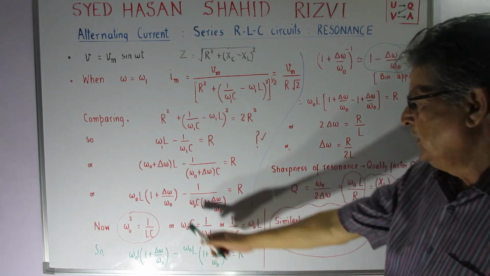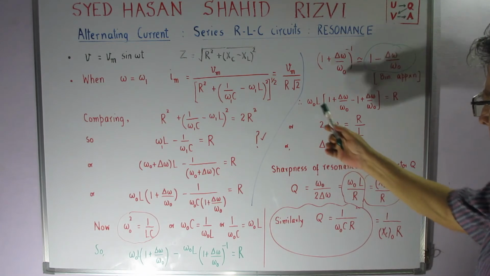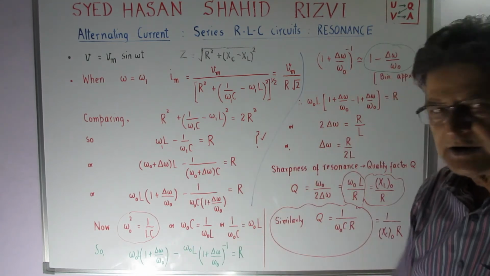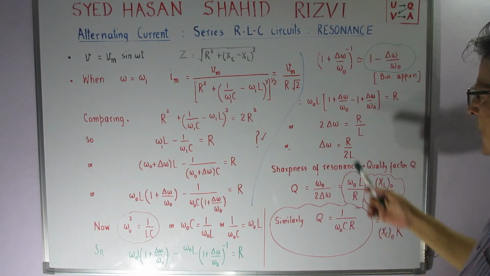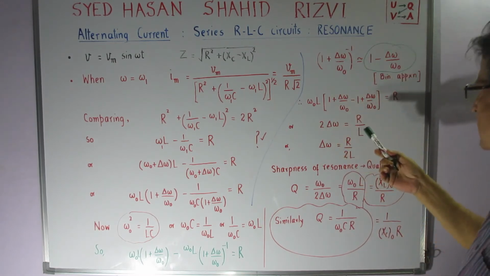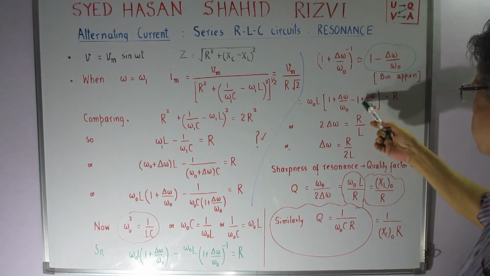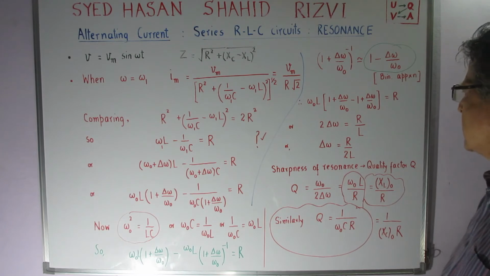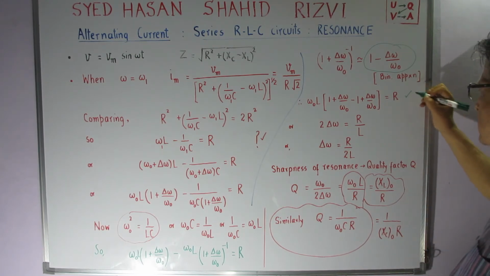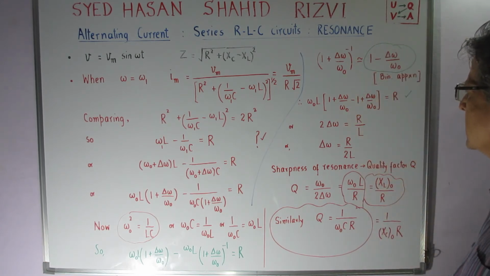Now when I put it back in this original equation, I get omega naught L, and here also we have got omega naught L, so I'll take that out of the bracket. So I'll get 1 plus delta omega upon omega naught minus this quantity, which will become minus 1 plus delta omega upon omega naught, which is equal to R. So you can see that 1 and 1 will cancel.